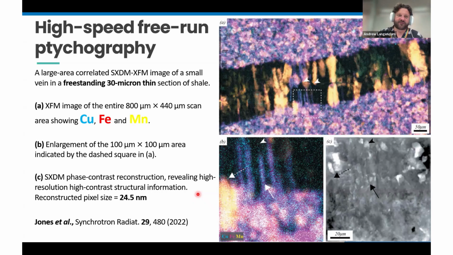It's a bit hard to prepare for some of the ptychography, but the advantage of this is you can get down to very, very high phase contrast pixels with this particular technique. Get down to 25 or lower nanometer pixels to get structural information on your sample, phase contrast information on your sample that you can then also relate your chemistry to as well.